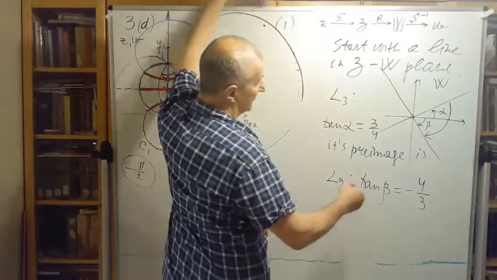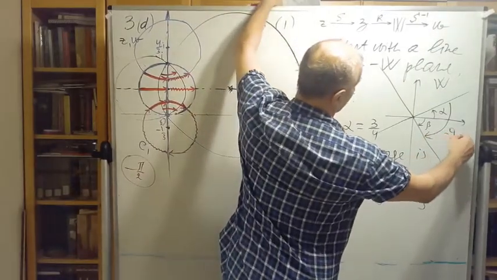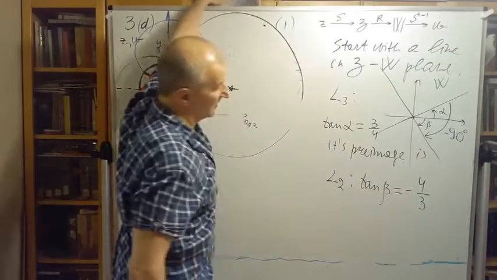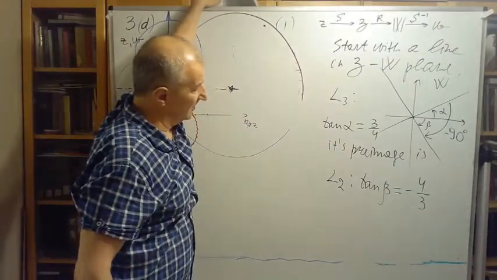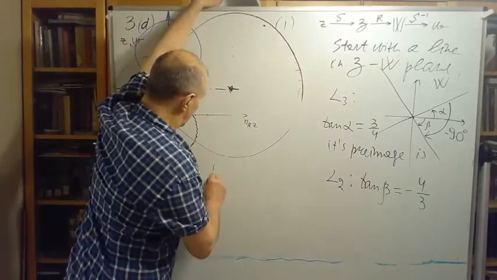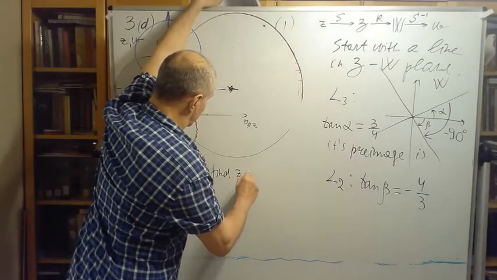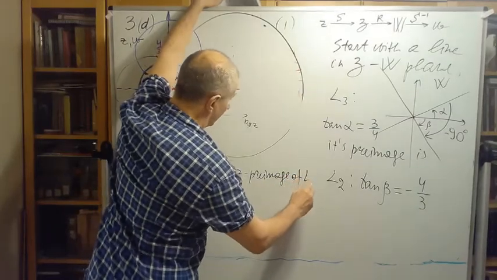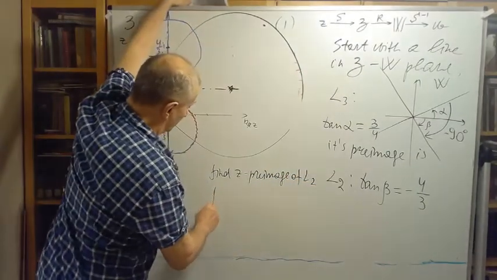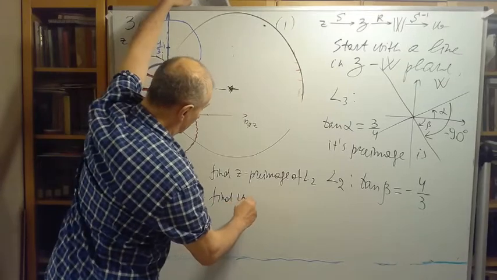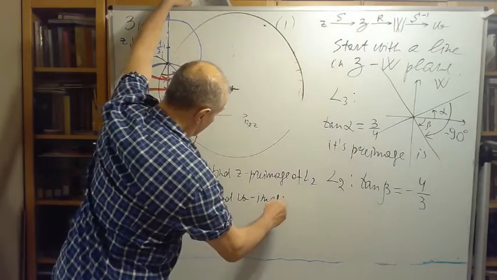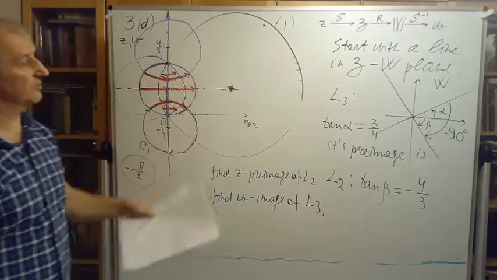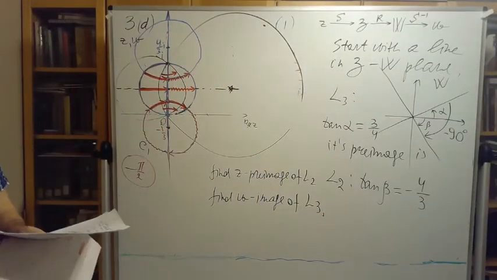You know, in order for two lines to make a 90 degrees angle, the product of the slopes must be -1, right? And then find Z preimage of L2 and find W image of L3. And you will have two circles and they will move one into another.